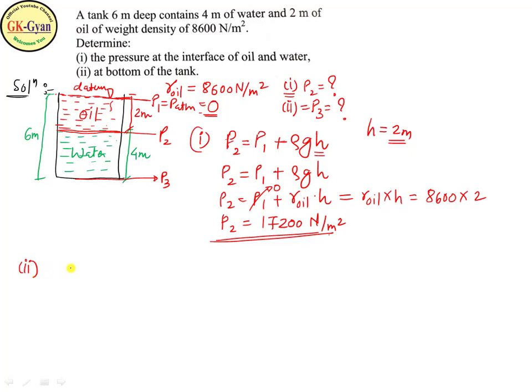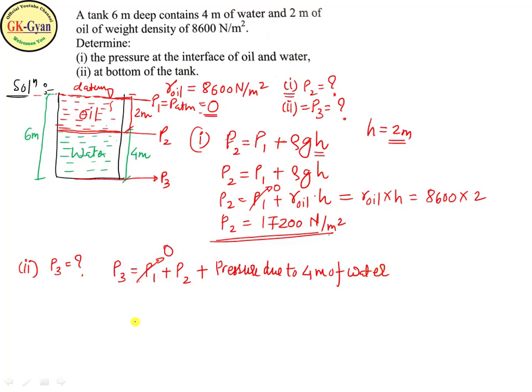Now we have to find out P3, the pressure at the bottom of the tank. Taking this as the reference datum and moving downward, P3 equal to P1 plus, at this point, P2, plus the pressure due to 4 meter of water.